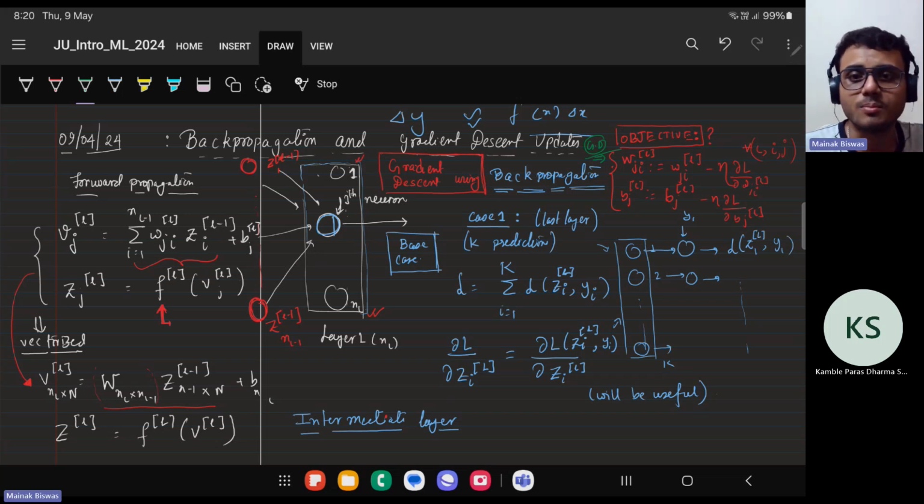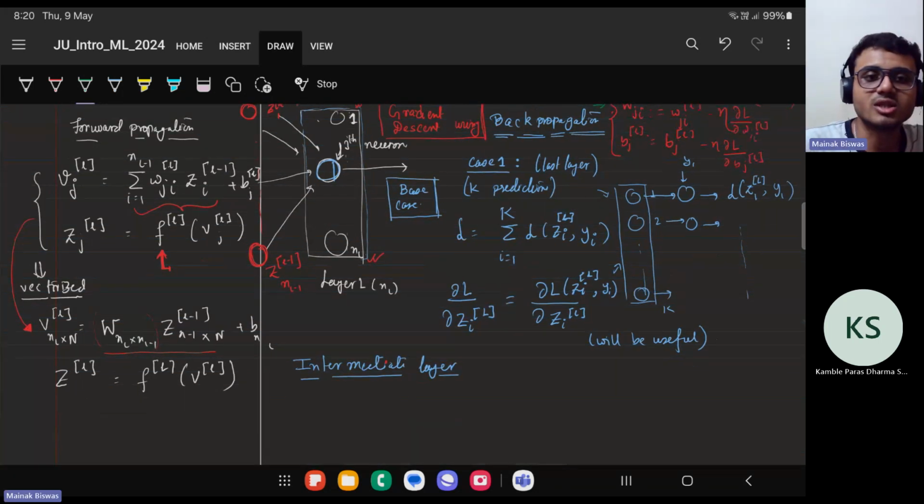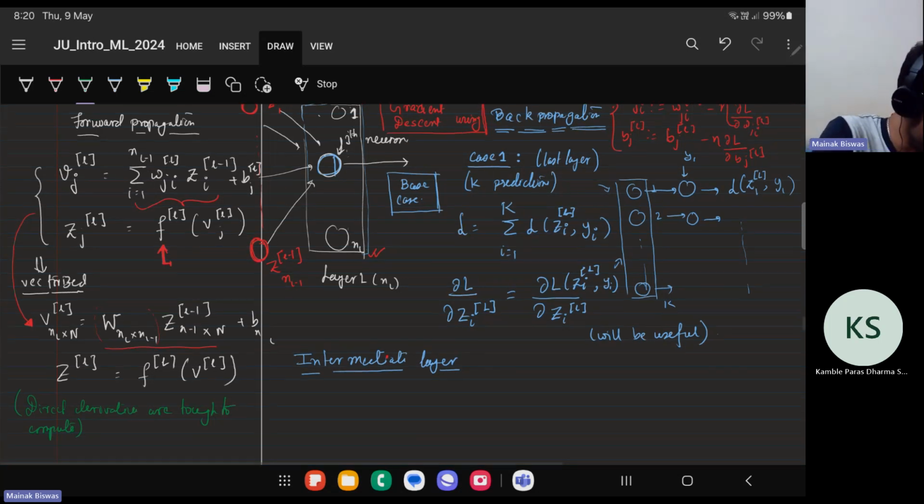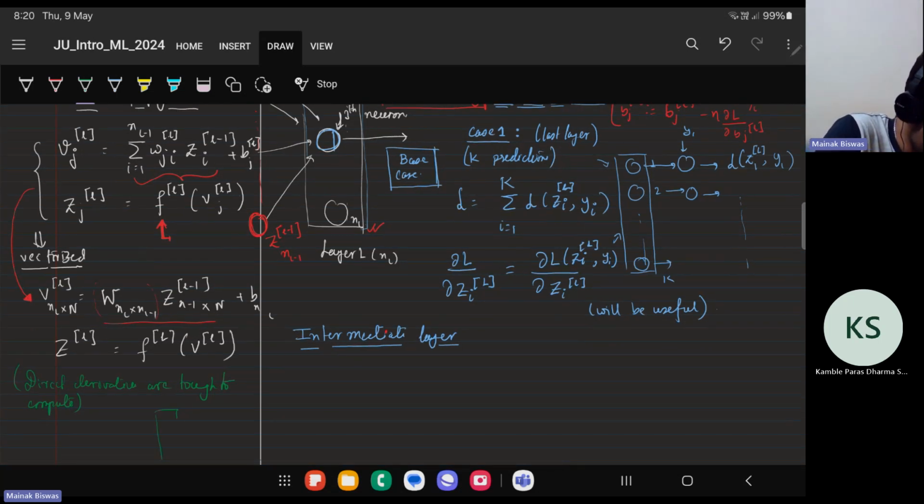But there's a problem with the gradient descent algorithm directly. The derivatives are tough to compute, because for every w_i, since there's a composition of functions, one layer depends on the other and so on.